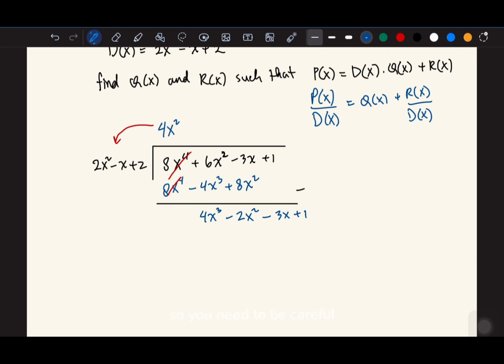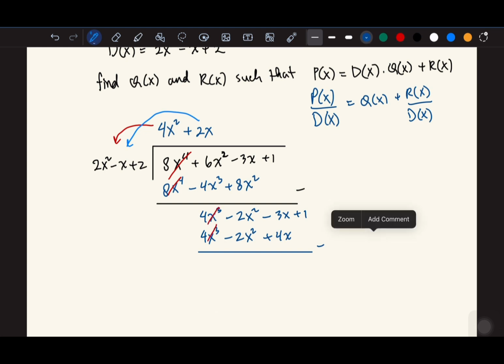So you need to be careful. For now, take it slowly. And then plus 2x. And then we subtract that. So we can cancel, and then this can also be cancelled. So we have negative 7x plus 1.